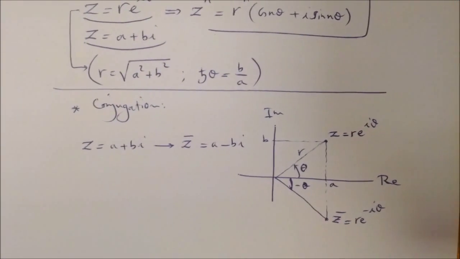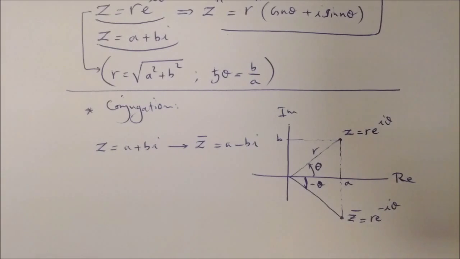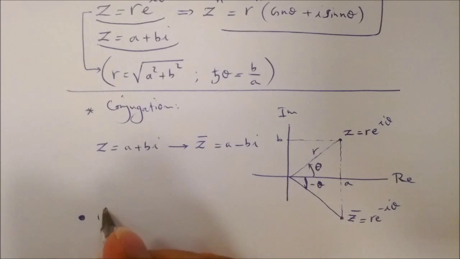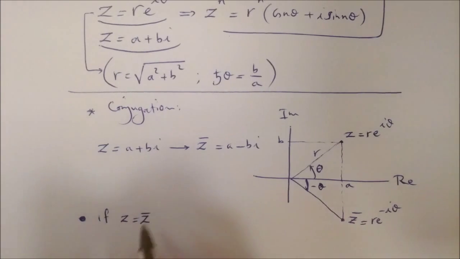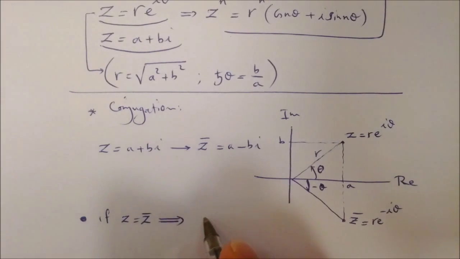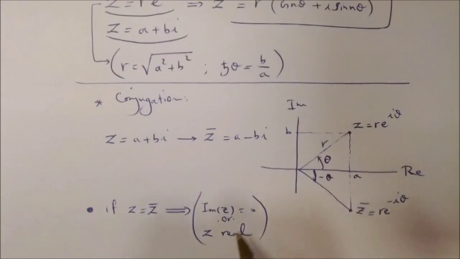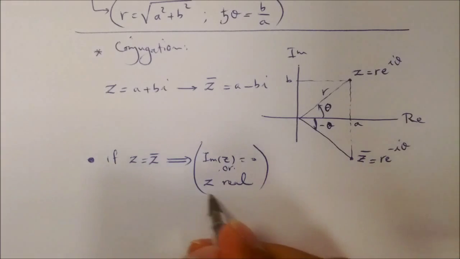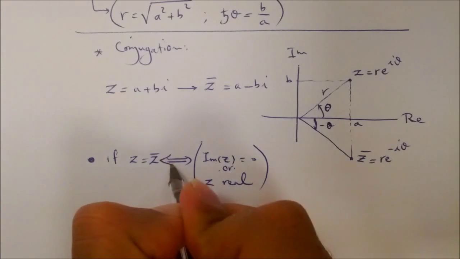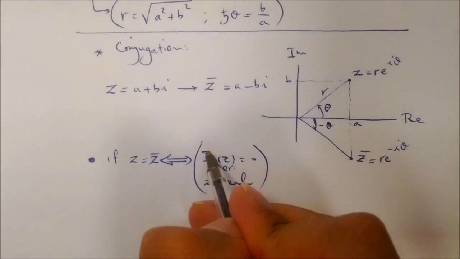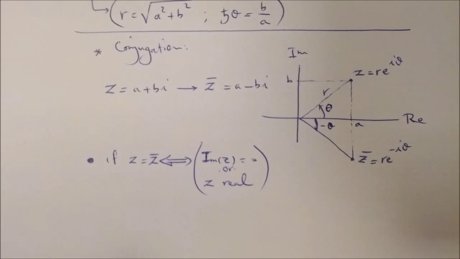There are some basic and important relations here. The first one is that if z is equal to z bar, I'll have the imaginary part of z equal to 0, or z is a real number. And if z is a real number, z will be equal to z bar. This is a very important and simple relation.